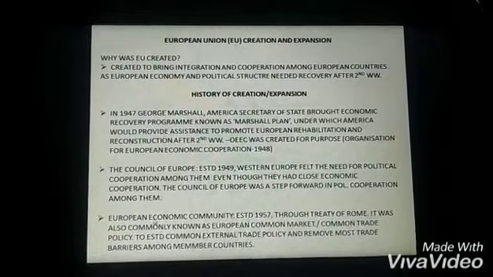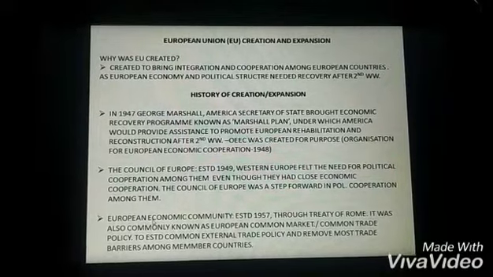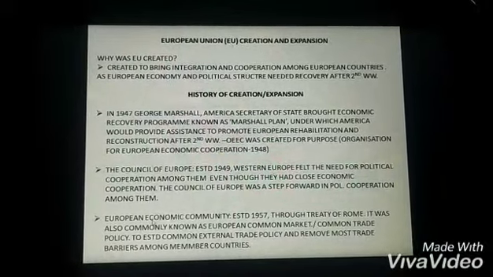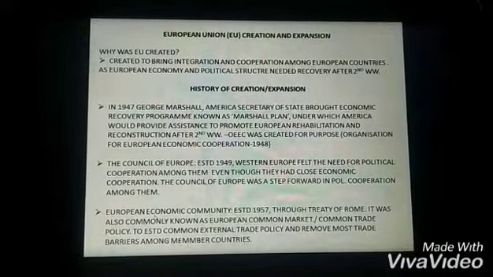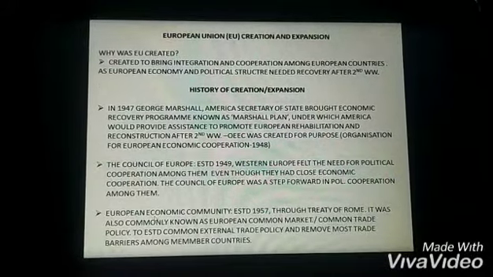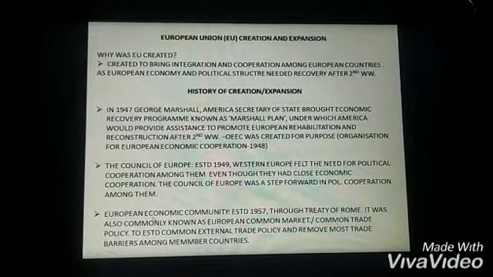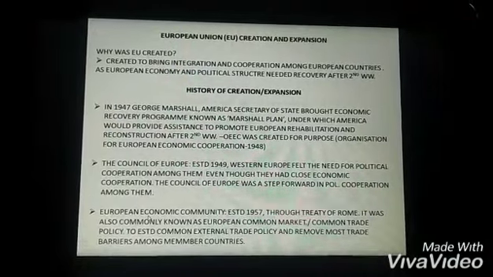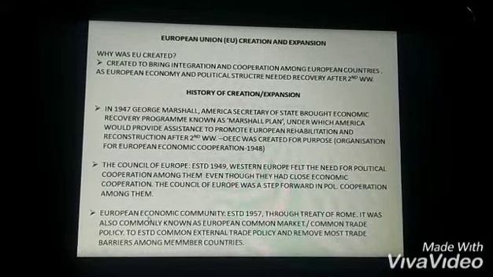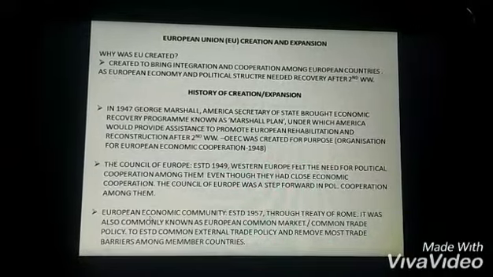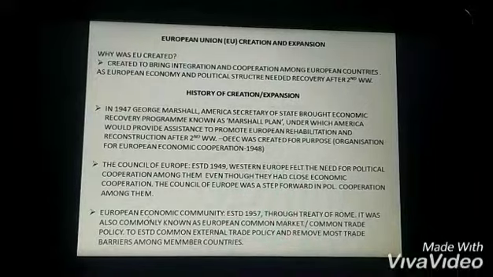The third one we want to see is the creation of the European Economic Community that was established in 1957 through the Treaty of Rome. And this European Economic Community was also known as European Common Market or Common Trade Policy.